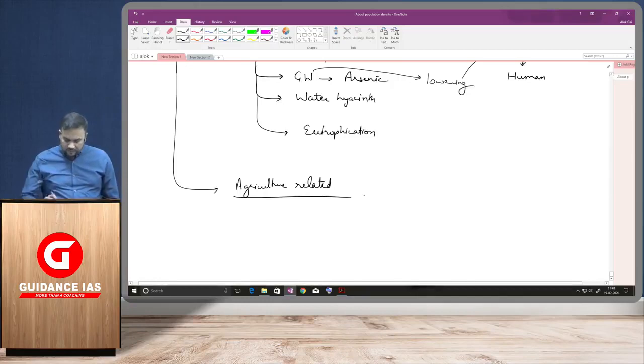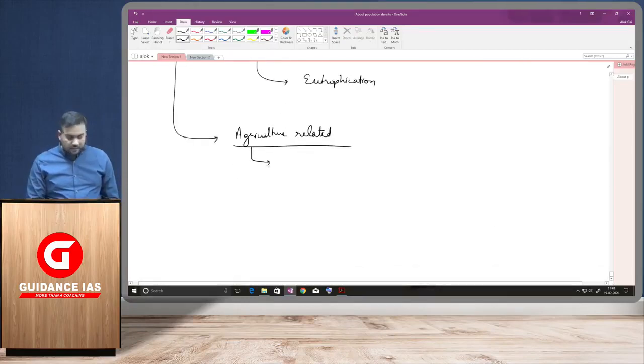Like for example, अभी हमने कुछ problems देखे agriculture के. Does agriculture have an impact on the water bodies? Very clearly it is having a bad impact on the water bodies. But not only water bodies, it impacts land and soil. For example, agricultural activities can lead to greater erosion.